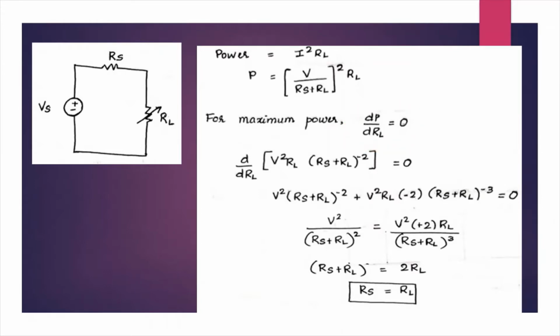We will apply the differential of two terms and we will get like this. On cancelling the unrequired terms, we will get Rs is equal to RL. So that is the proof. We got that for maximum power, Rs has to be equal to RL.